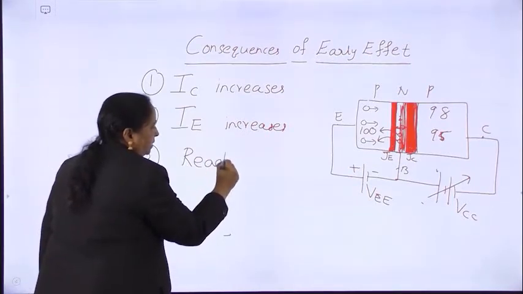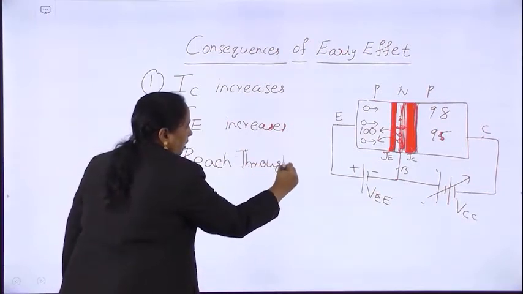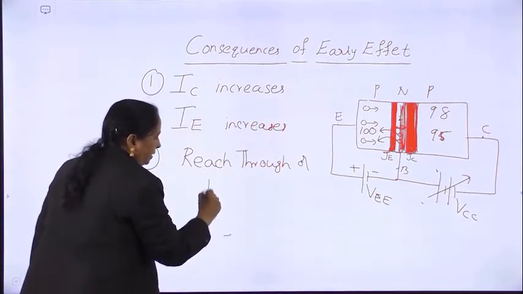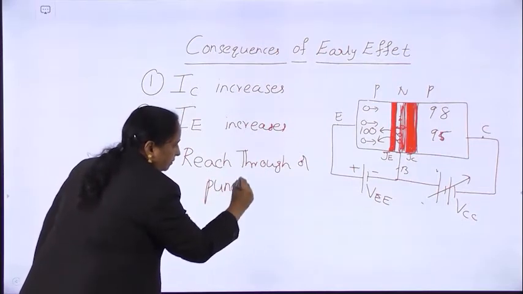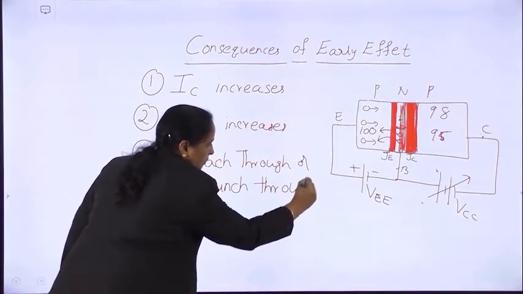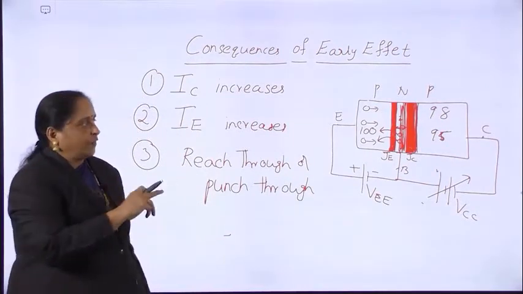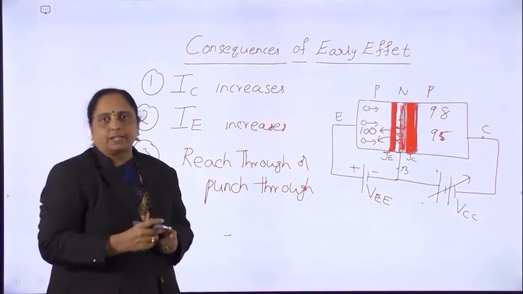This is known as reach through, or we can also call it the punch through effect. So these are the 3 consequences we can see after the early effect in a BJT.